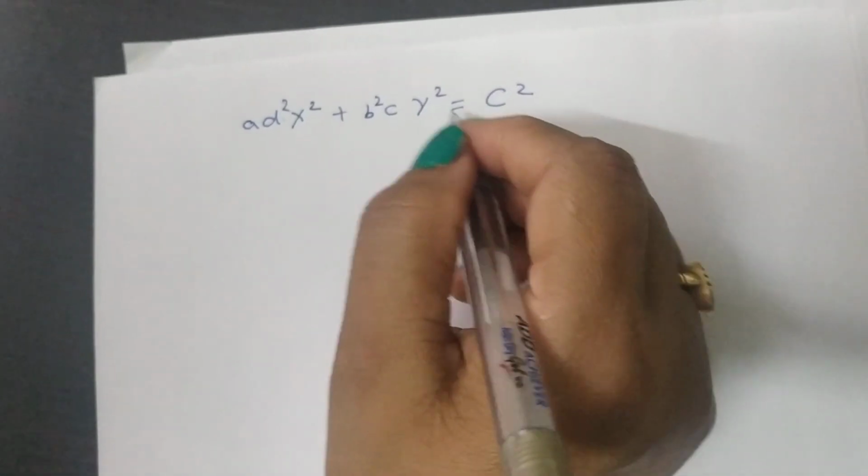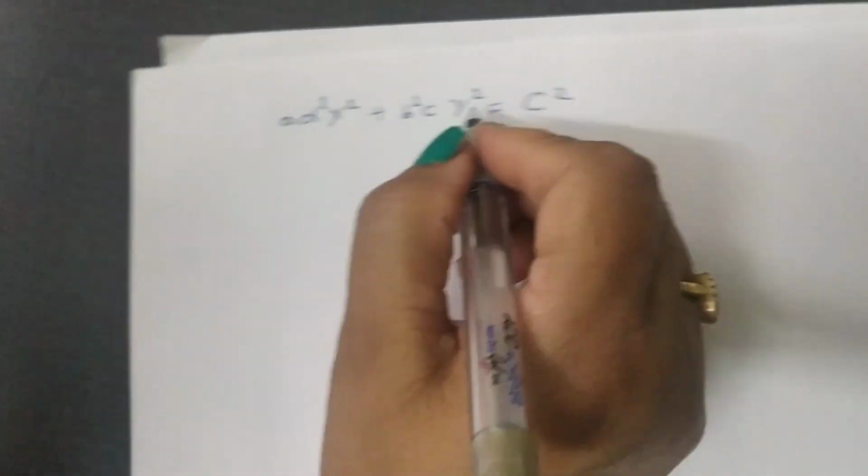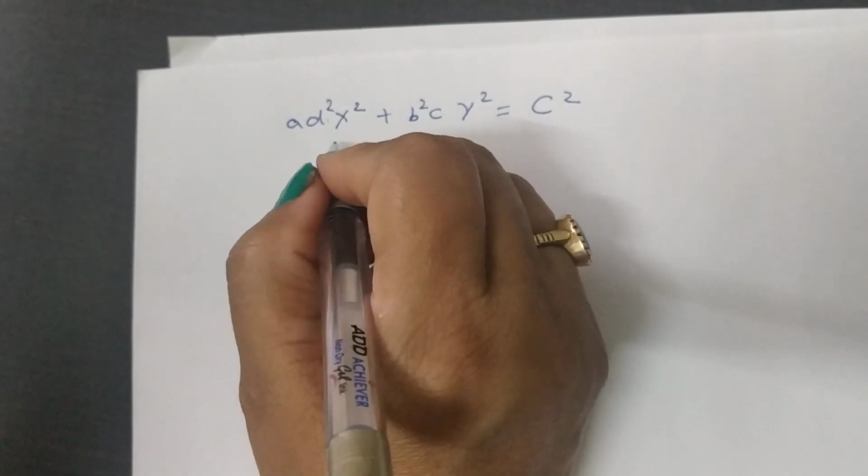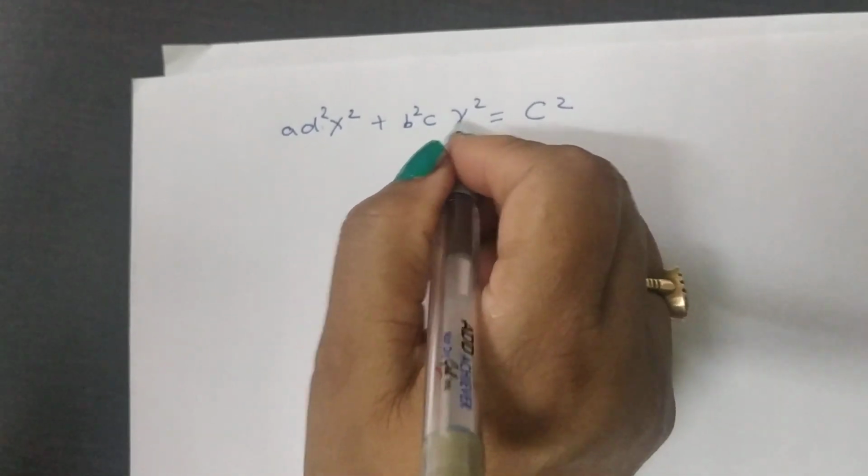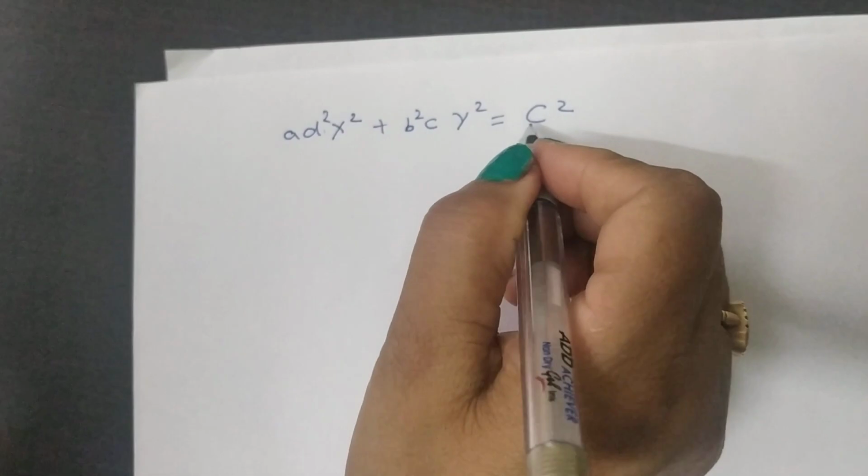And this equation represents a family of ellipses. If we divide this equation, we get x square by a square plus y square by b square is equal to 1.